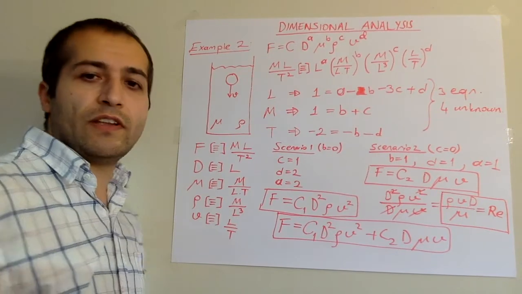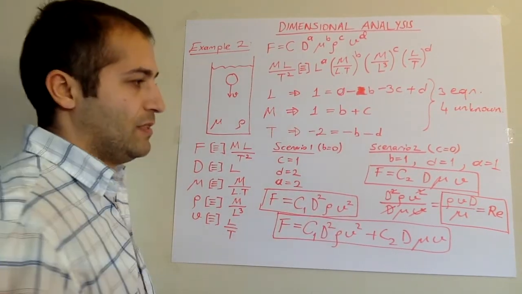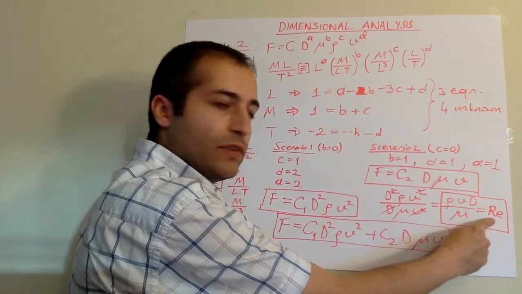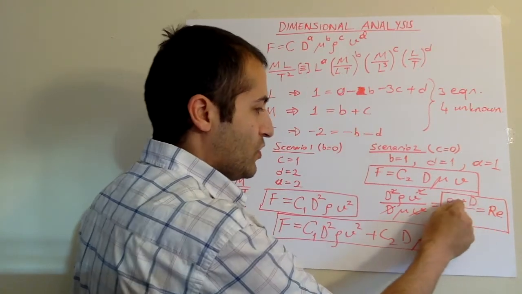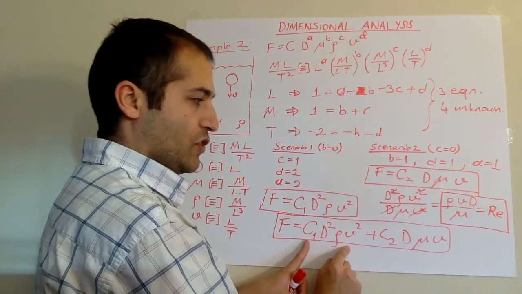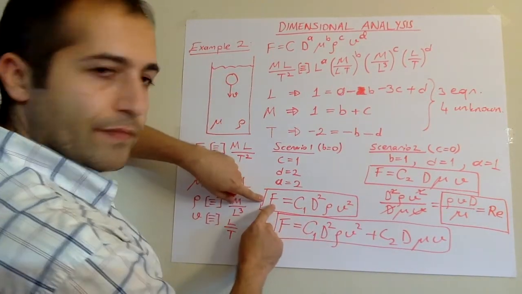Now, this dimensional analysis gave us some insight about this problem. Here's what it gave us. There's a dimensionless number, which is called a Reynolds number, and it tells us that when it's very large, the contribution of this first term is large. Then that means you can take this formula.